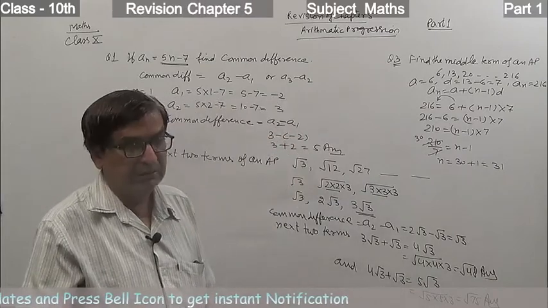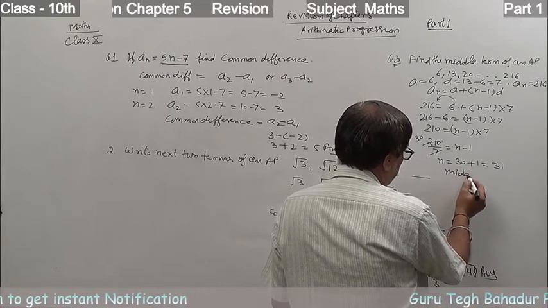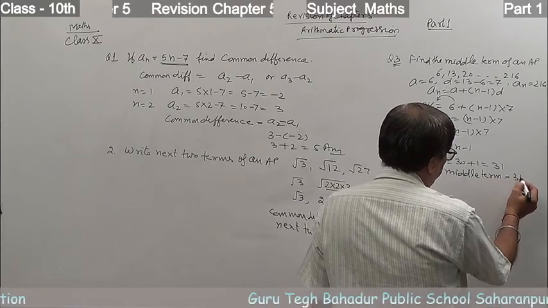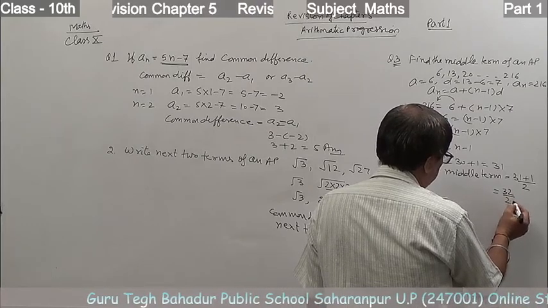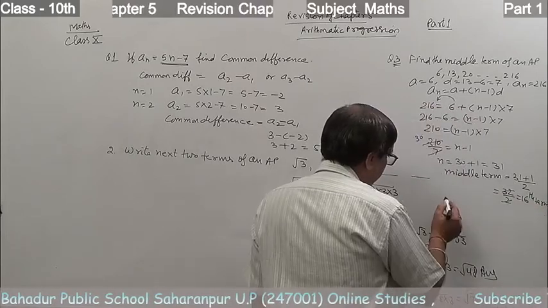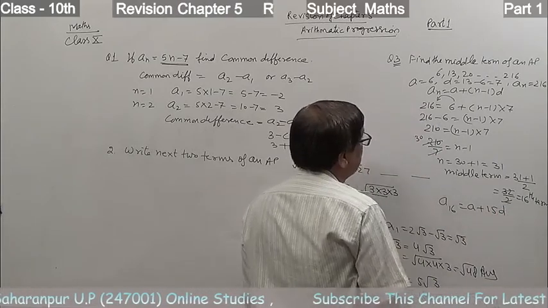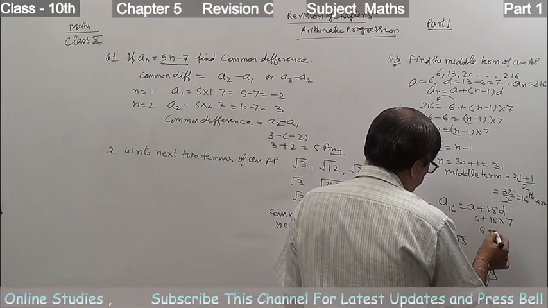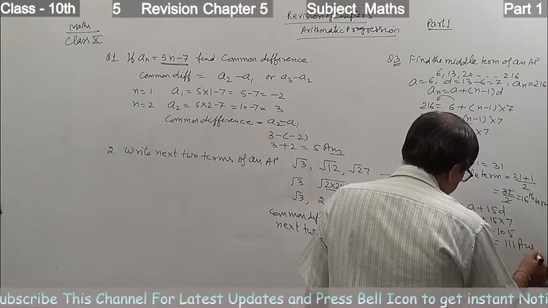There are 31 terms. So the middle term is (31 plus 1) upon 2, that is 32 upon 2, the 16th term. So the 16th term, a16, is equal to a plus 15d, that is 6 plus 15 into 7, 6 plus 105, so it becomes 111. That is the answer.